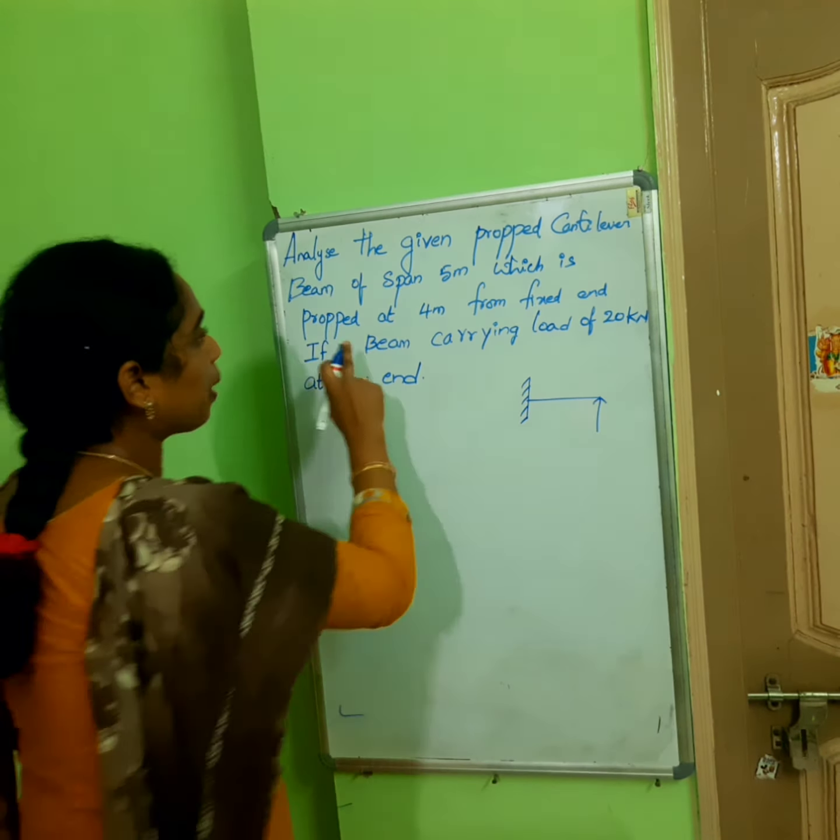So in this category I have solved all the propped cantilever problems with anti-clockwise as positive and clockwise as negative. Okay, see here, this is my first step. Generally we have 3 steps. What is the first step?